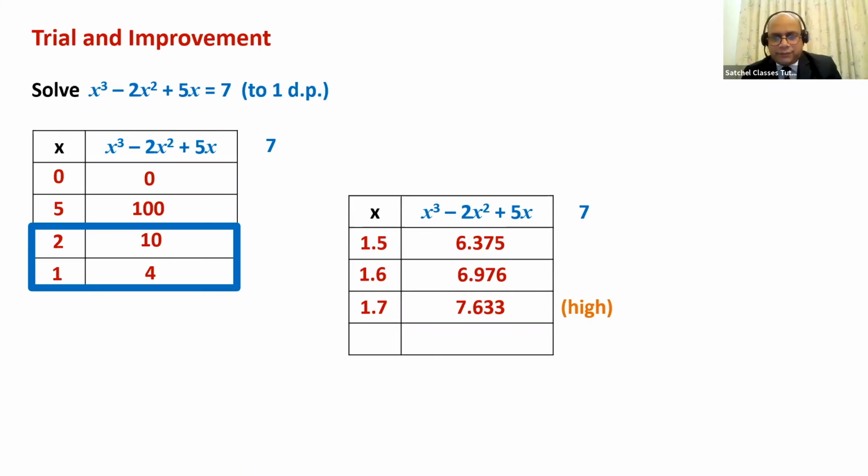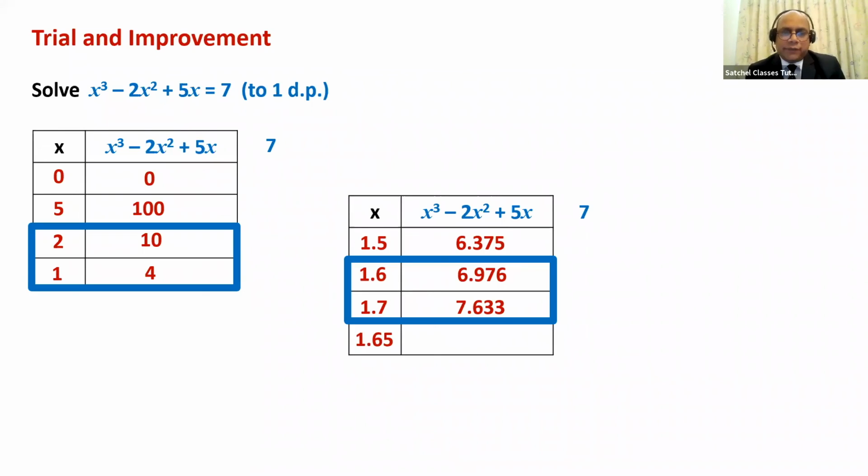So I have zeroed in, right? But what will it be, 1.6 or 1.7? So let me check for 1.65, which is the middle of the range between 1.6 and 1.7. If I put 1.65, you will get 7.2971, which means it has clearly exceeded 7, which means your answer is clearly smaller than 1.65.